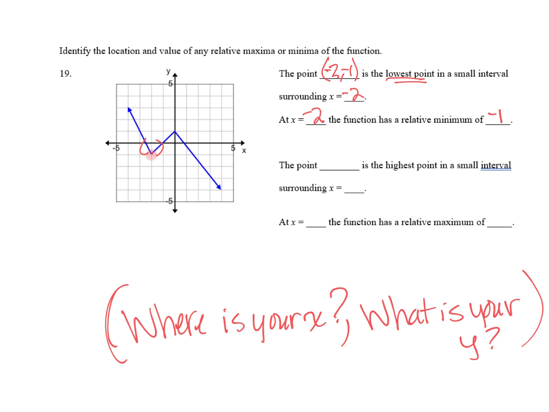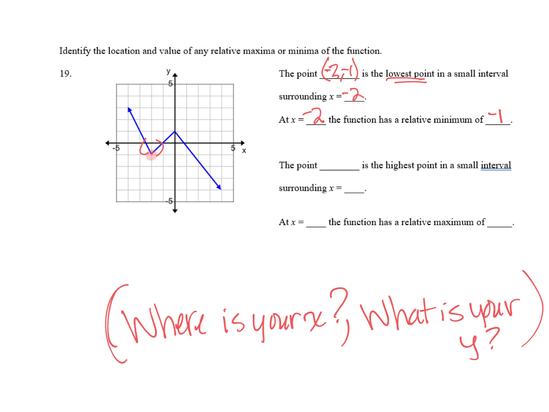Anytime we're asked what a function value is, that is the y. So what is the minimum? What is the maximum value? Those are y coordinates. Where is the minimum? Where is the maximum? Where is the x?